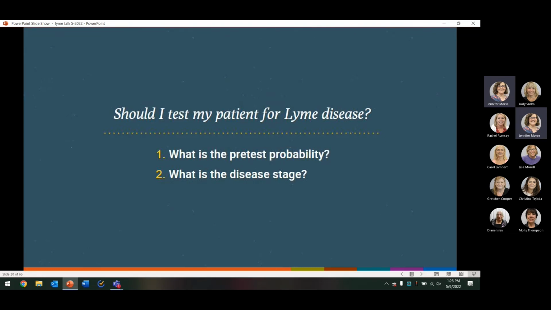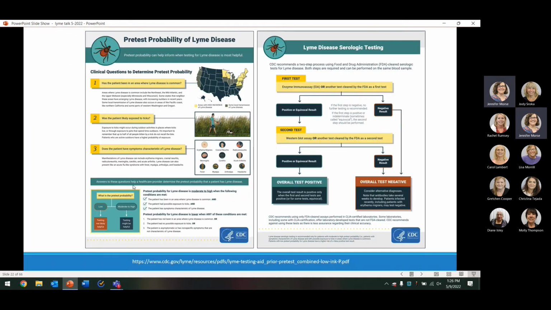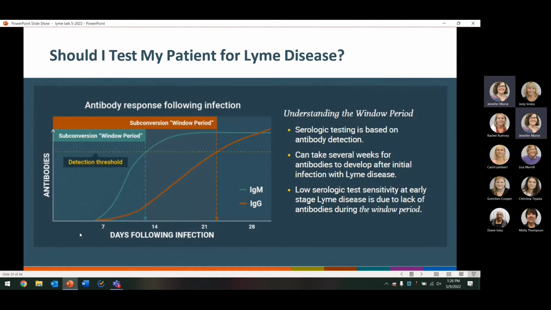You know, looking at the pretest probability and what's going on with the patient. So again, in this early phase, there is that window period. So if someone's showing up with the erythema migrans rash and their chance of exposure just happened, they really shouldn't bother with testing. They should just treat them.